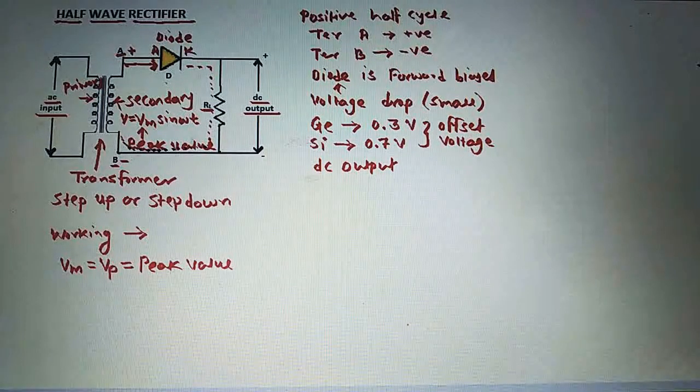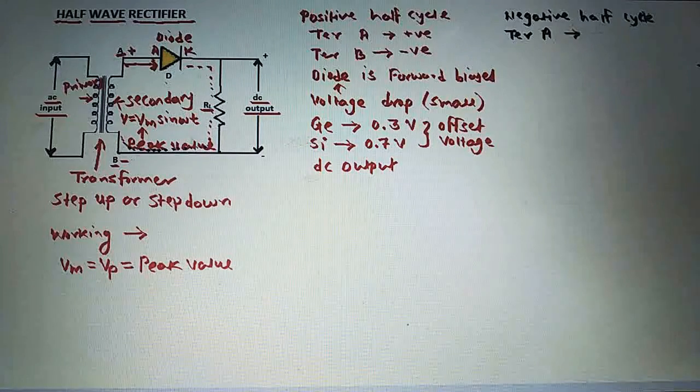Now we will see the working of this half wave rectifier during the negative half cycle. So during the negative half cycle, the terminal A here is negative with respect to terminal B. That means terminal B is positive.